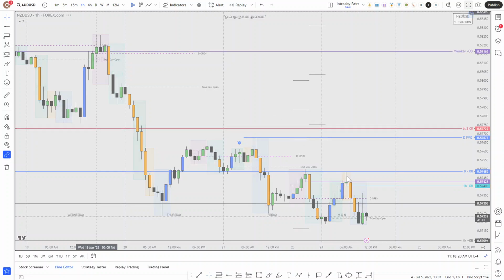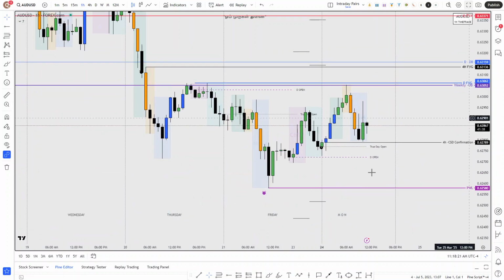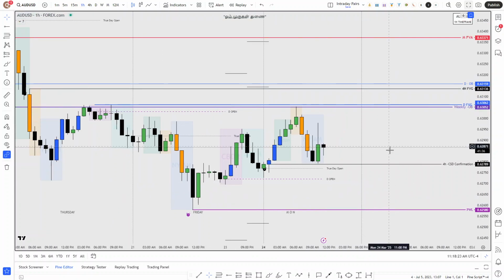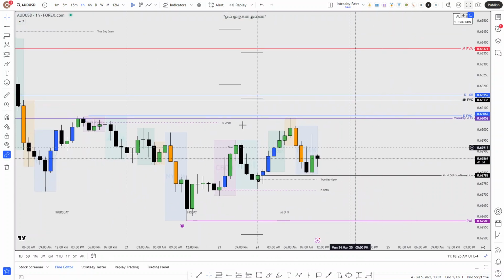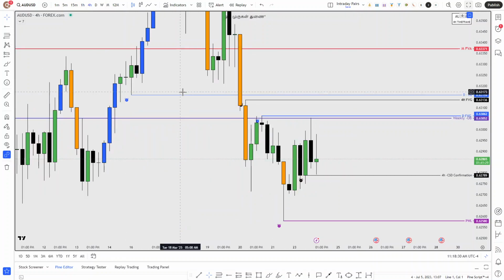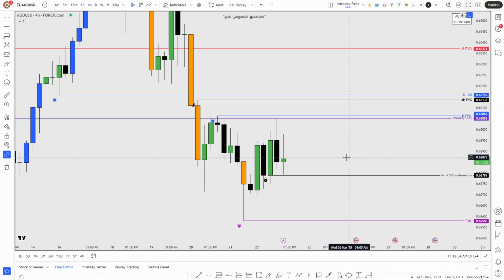I'll just make sure that you have understood all this part in AUD, because we haven't got any entries in AUD today morning because it hasn't tapped any daily OB. So we were just waiting on the sidelines for the market to form a proper setup for our entry.